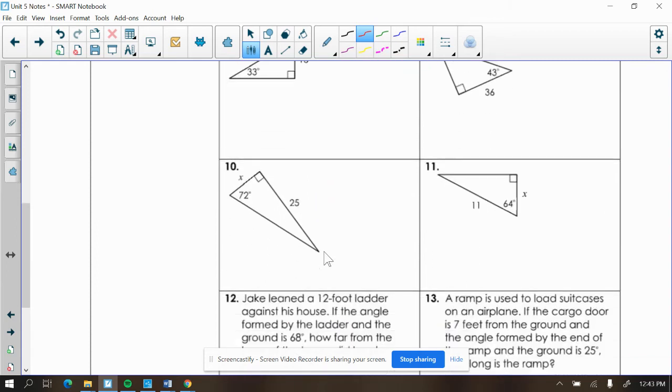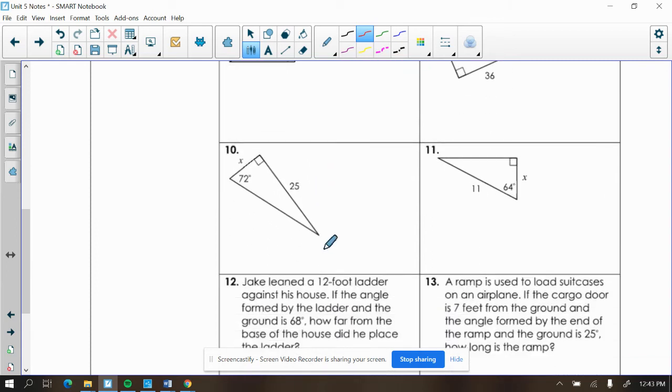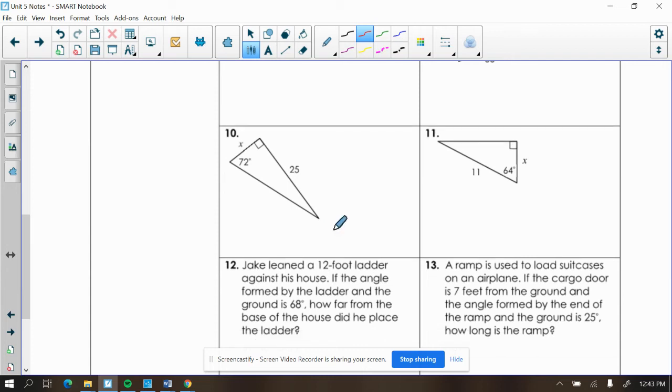So let's go ahead and move to number 10 and 11. Just again, like I said, the more you practice these, the easier it is once you start remembering what's sine, cosine, and tangent. And if we wanted to write these down right here, we could do that. Again, I'm always allowing you to have those notes with you while you're working on these, okay?